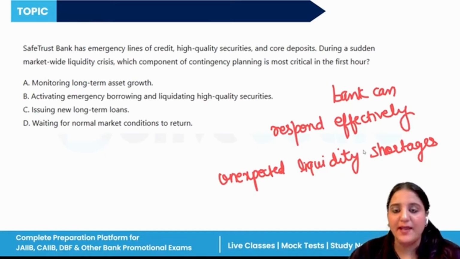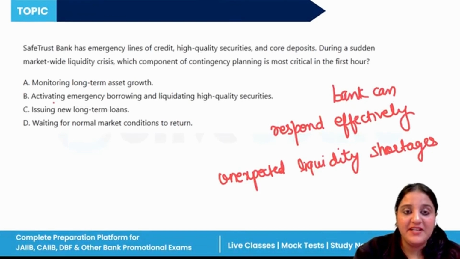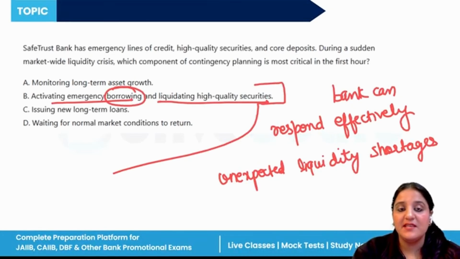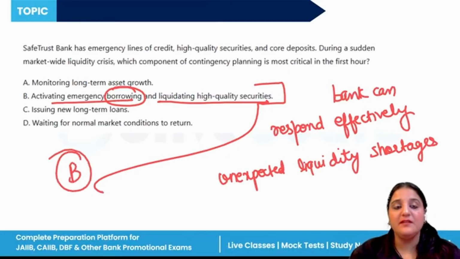Liquidating the high quality marketable securities and using the pre-arranged emergency credit lines ensures obligations are met and avoids panic selling of less liquid assets. So what is the correct answer? Activating the emergency borrowing and liquidating the high quality securities. Option B is correct here.